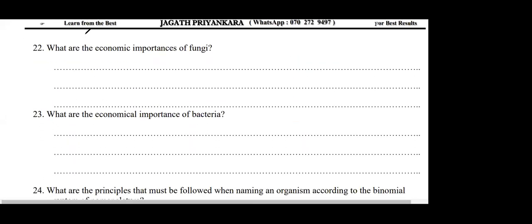What are the economical importances of fungi? Okay, now you know this. Quickly we will finish this. Earlier also I told the economical importances of fungus. One example, you can write production of bakery items, used in the bakery industry, used to make bakery products.